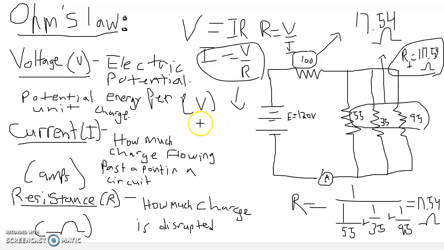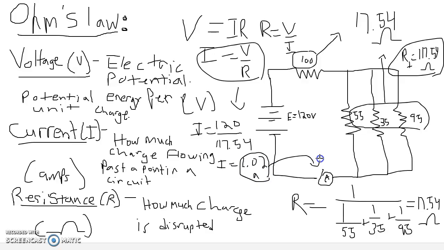So it would be I equals V, which is 120, over R, which we figured out to be 117.54, to give us the current of 1.02 amps. So that is amps.